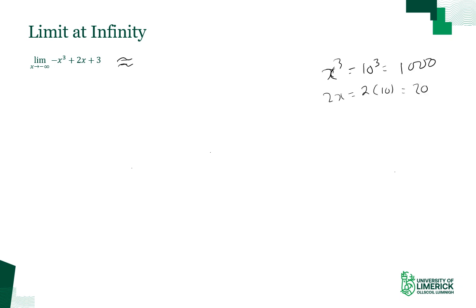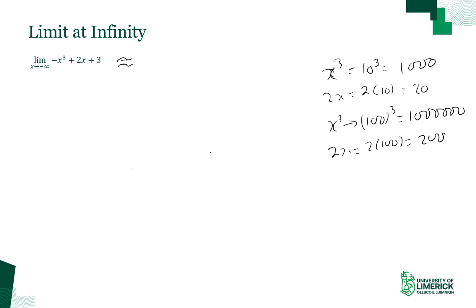So you can see this one is much larger, and the more you increase x, the larger it gets. Like if you replace x with 100, x cube will be 1 million, but your 2x will just be 2 times 100, which is 200. So that's why x cube will easily dominate the whole thing.